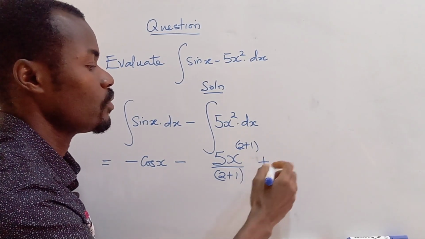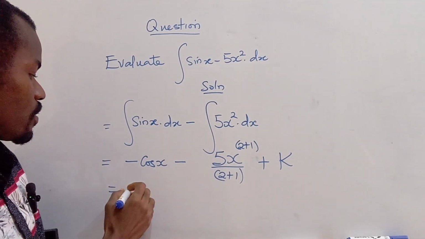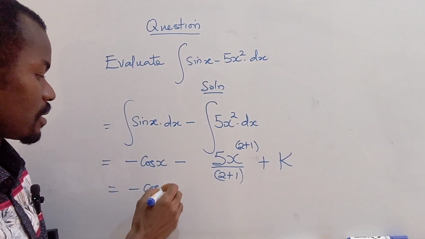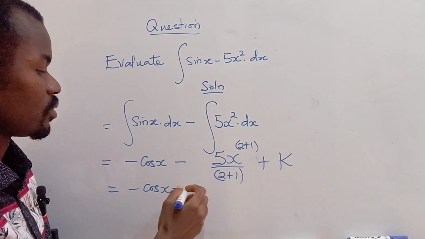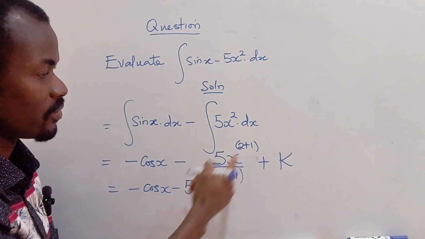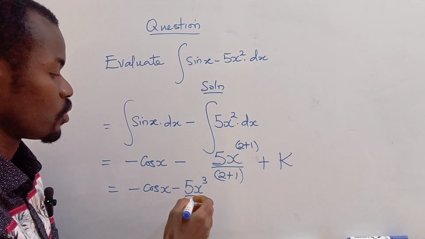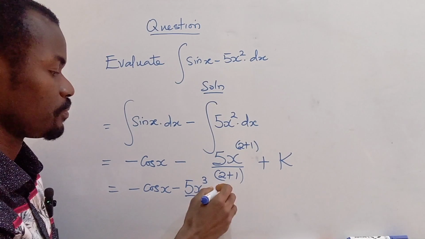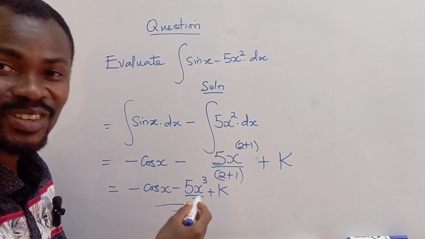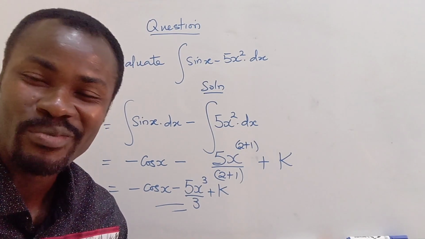Then we can bring our constant k. So this is going to give us minus cos x minus, this becomes 5 times x raised to the power 3 divided by 3, since 2 plus 1 is 3, plus k. So this gives us the solution to this simple problem.